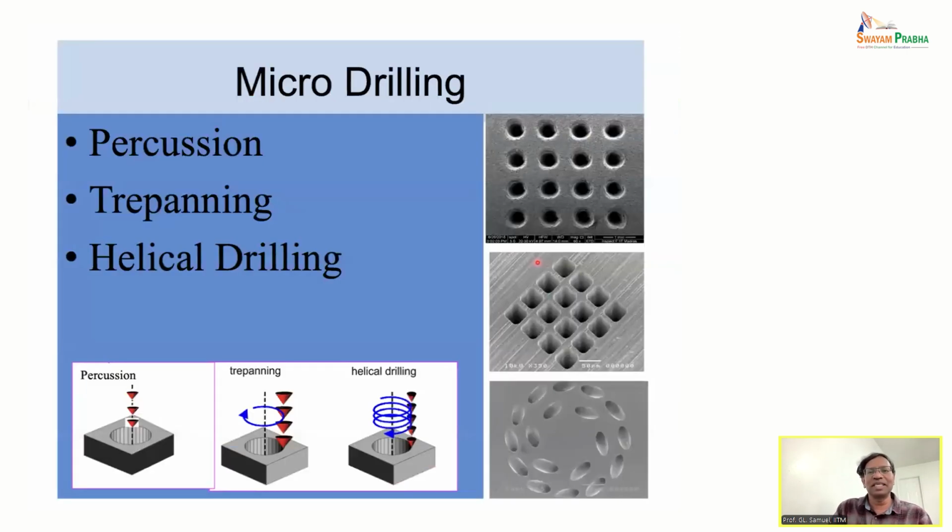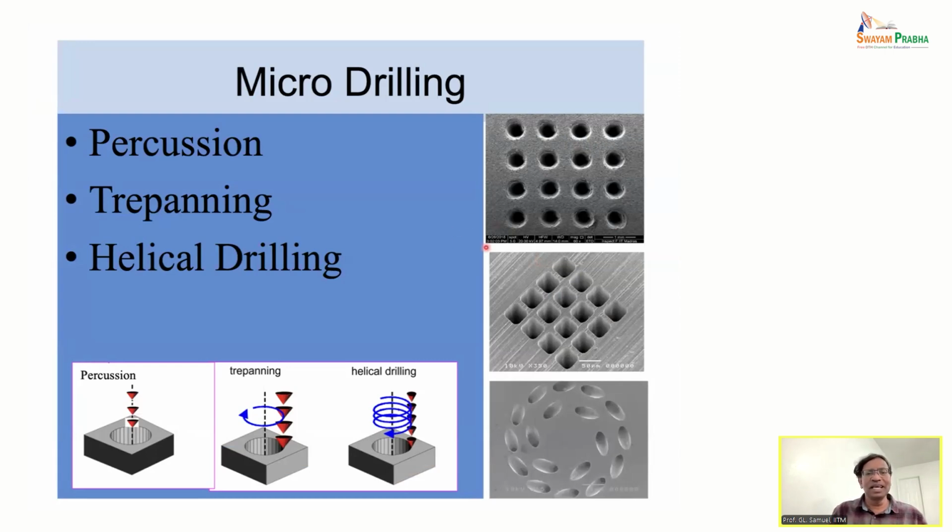So I have also said that we can have several machining processes by putting those pulses. It is a simple mechanism. You have a laser pulse, put it on a material, the material interacts and acts in a very interesting way.